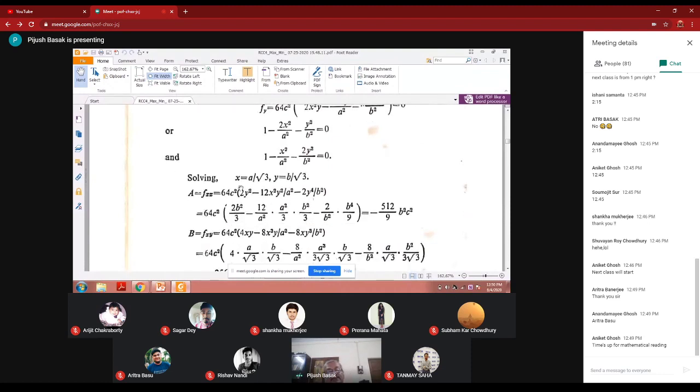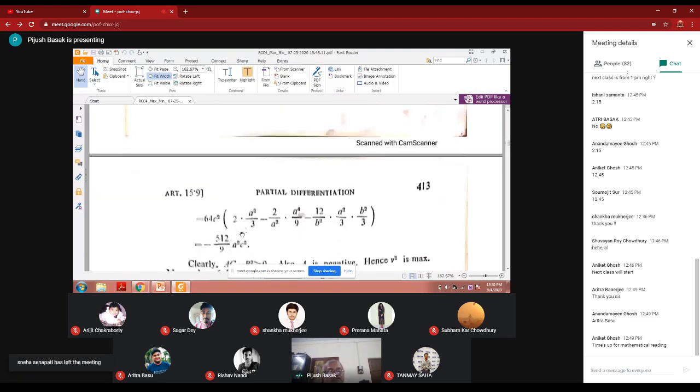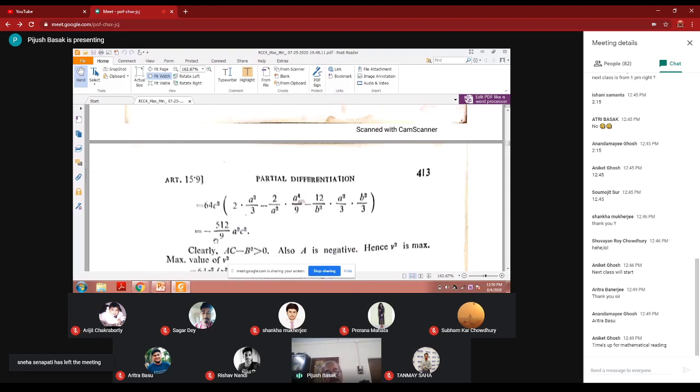Solving this, x is equal to a by root 3, y is equal to b by root 3. And A is calculated as per this: minus 512 by 9 b square c square, B is minus 256 by 9 abc square, C is minus 512 by 9 a square c square.